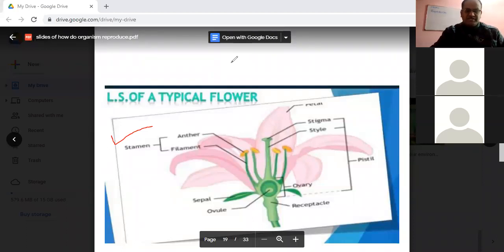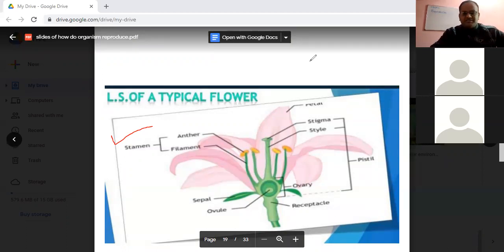Sequentially, first I did reproduction, next environment, and then we will do heredity. Okay, Khushbu, is it okay? Since there are about 2.5 chapters, we will rediscuss each and every aspect.